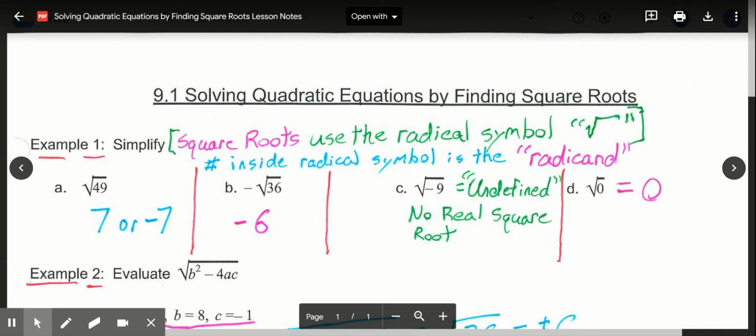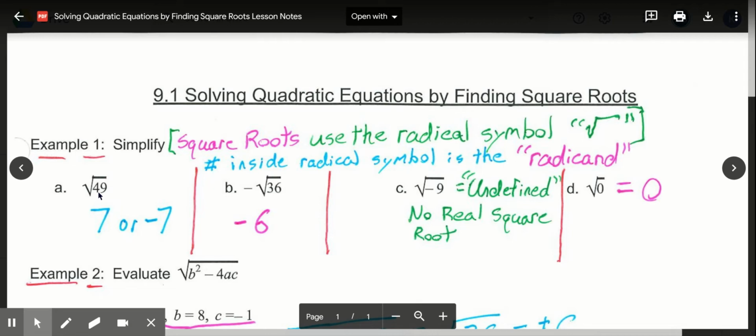What number multiplied by itself is 49? A lot of times people would think 7 times 7, or 7 squared, is 49, which is correct, but only half the answer.